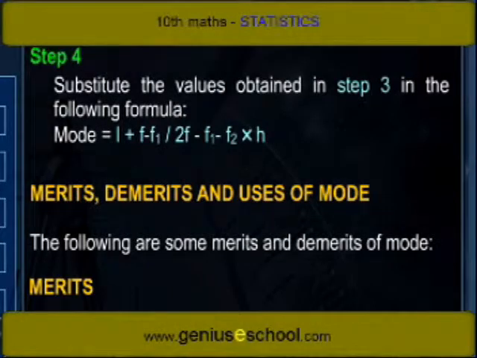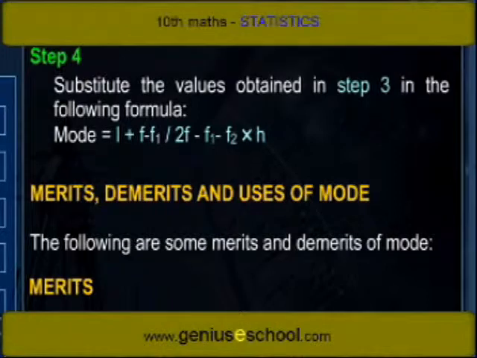Step 4. Substitute the values obtained in step 3 in the following formula. Mode is equal to L plus (F minus F1) upon (2F minus F1 minus F2) into H.